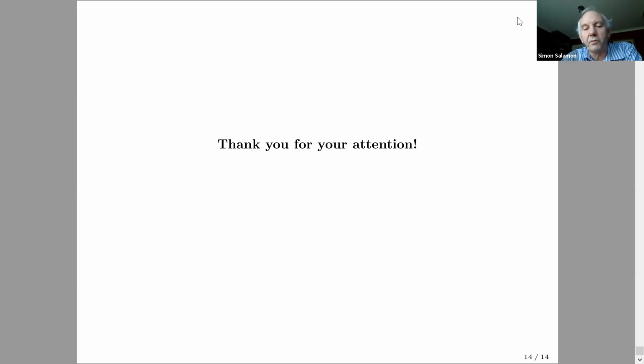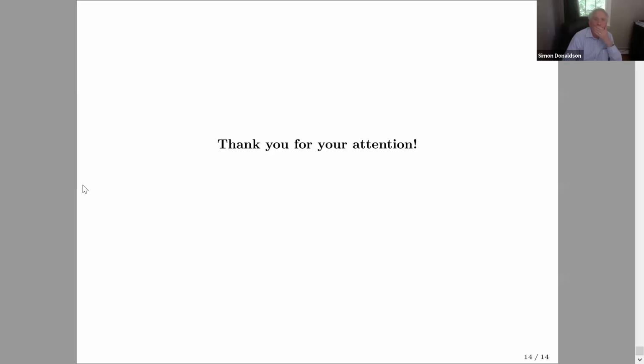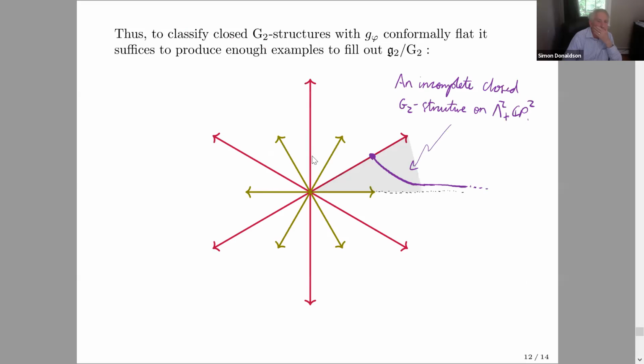I just wanted to ask quickly, the examples you gave, is there anything special about the points in the Weyl chamber for which the stabilizer is a U2? Yeah. So, sorry, I'll share again. So these points on this purple Weyl chamber.